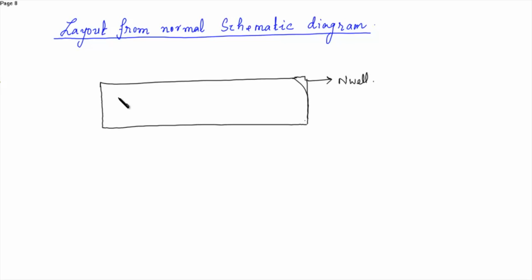In order to draw the P diffusion layer, we know that the P diffusion layer is brown in color. So we take the P diffusion layer. Now in the same area, we need the N diffusion layer, which is green in color.